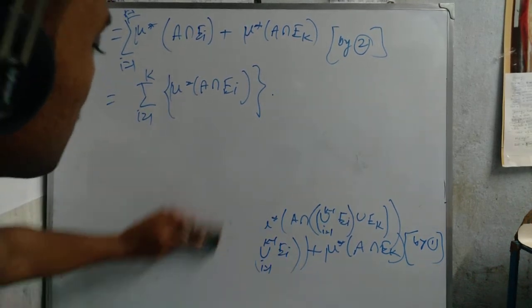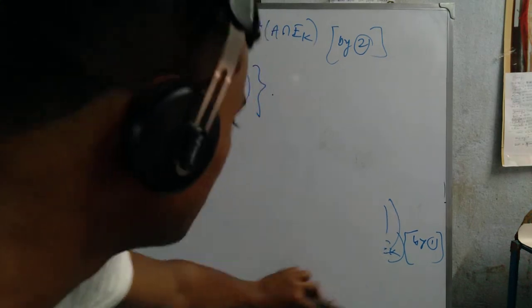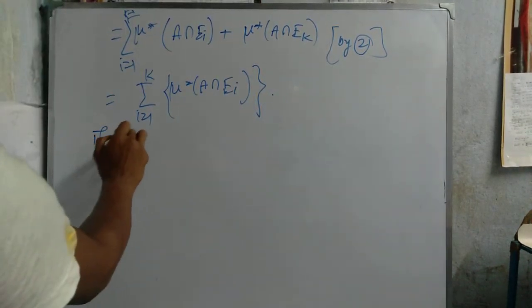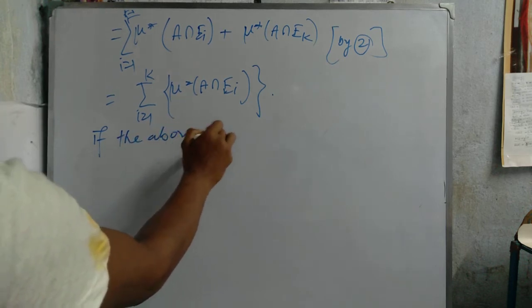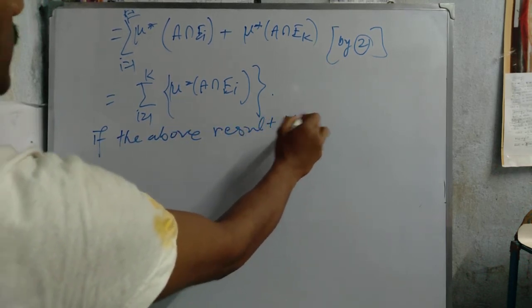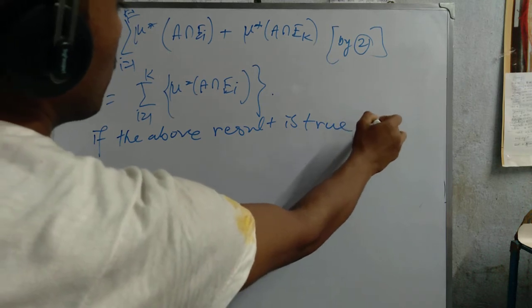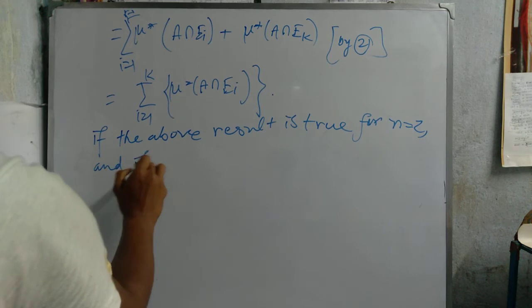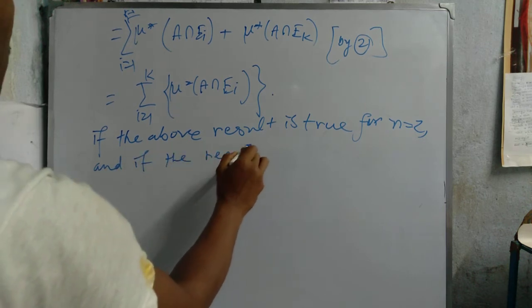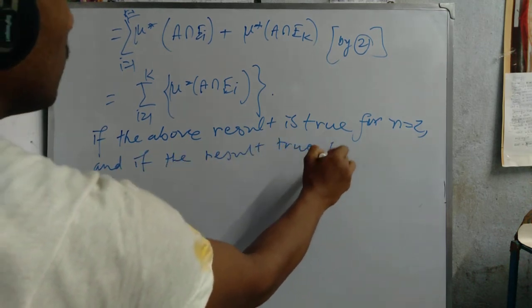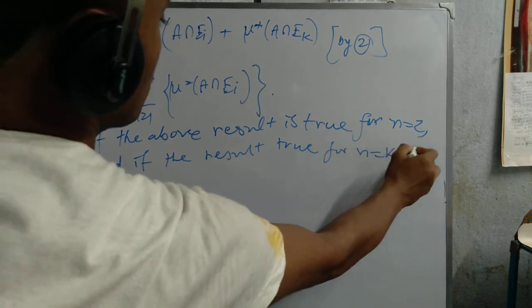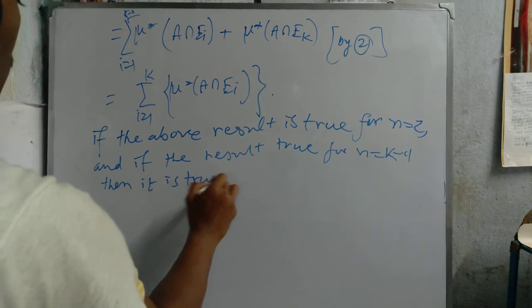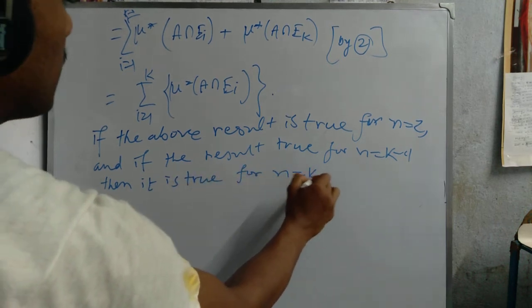We now write in this fascinating way. If the above result is true for n equal to 2, and if the result is true for n equal to k minus 1, then it is true for n equal to k.